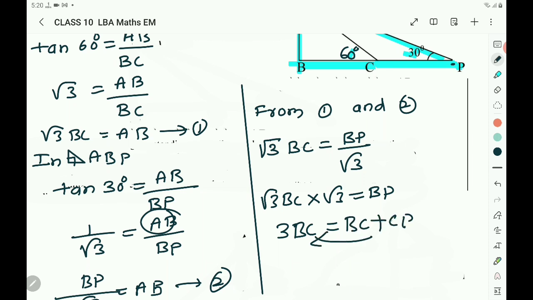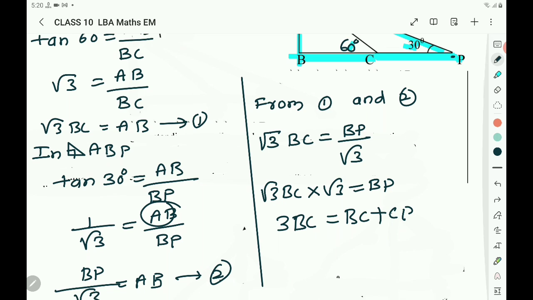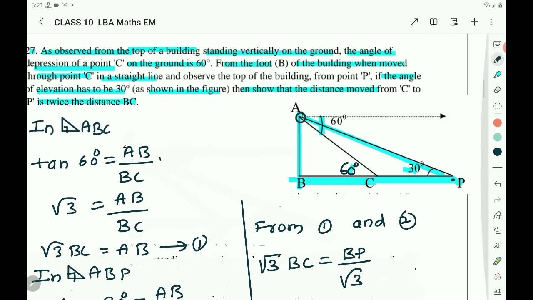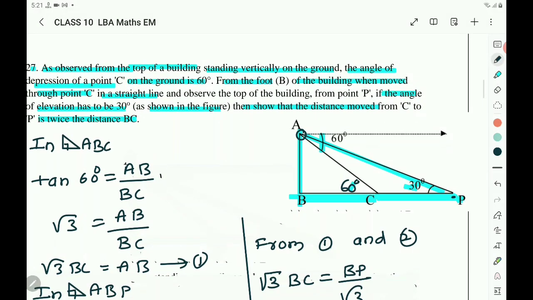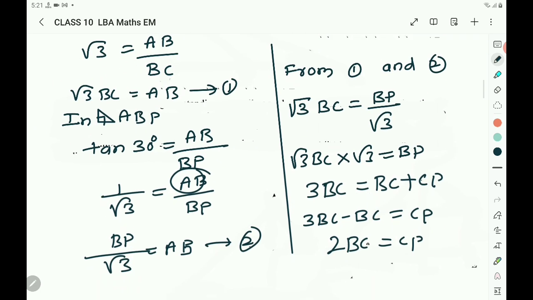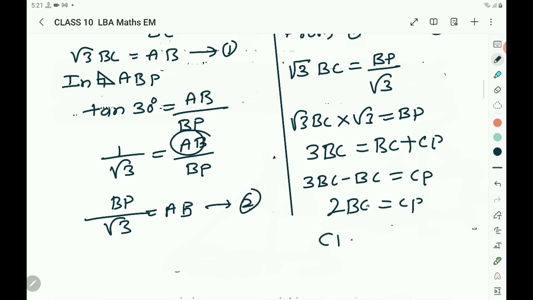Now transfer this BC to the LHS, that becomes 3BC minus BC equals CP. 3BC minus BC is 2BC equals CP. So you got the distance between C and P is twice the distance BC, that is CP is equal to 2BC.